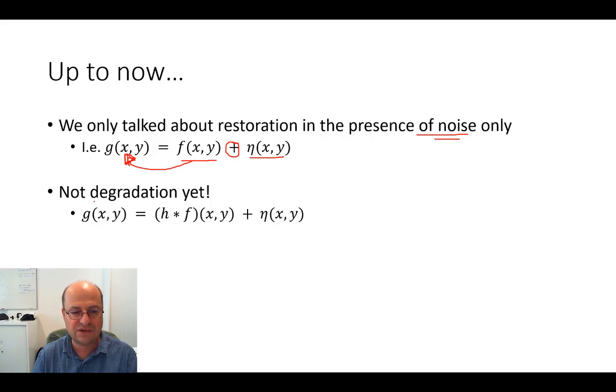We didn't take into account degradation. Remember that degradation is assumed to be an operator that's convolved with your input image, resulting in your image G. We're going to see a little bit of that in the next video.